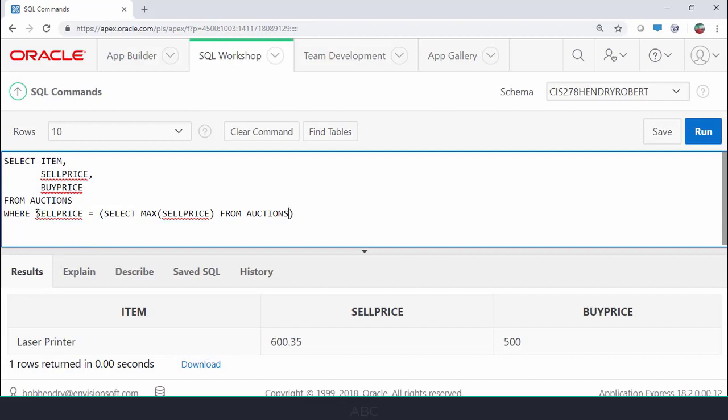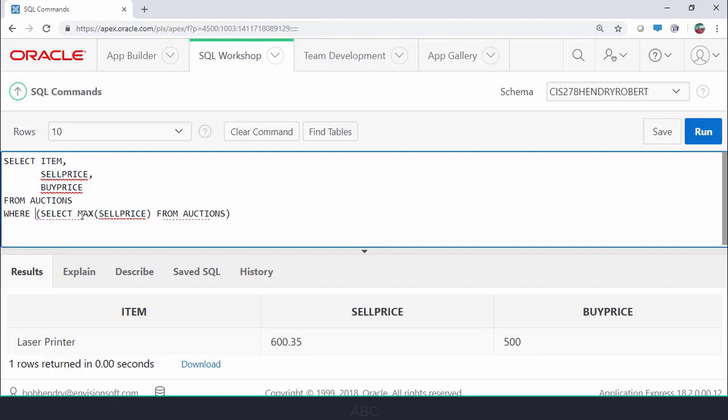We could say where, and how about this? Again, the ask is, show us the item that had the largest profit. We could put this in a where clause.